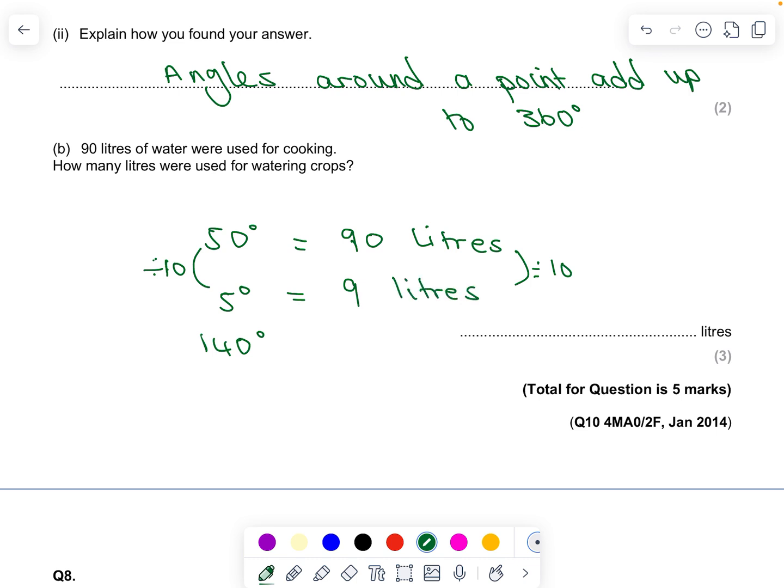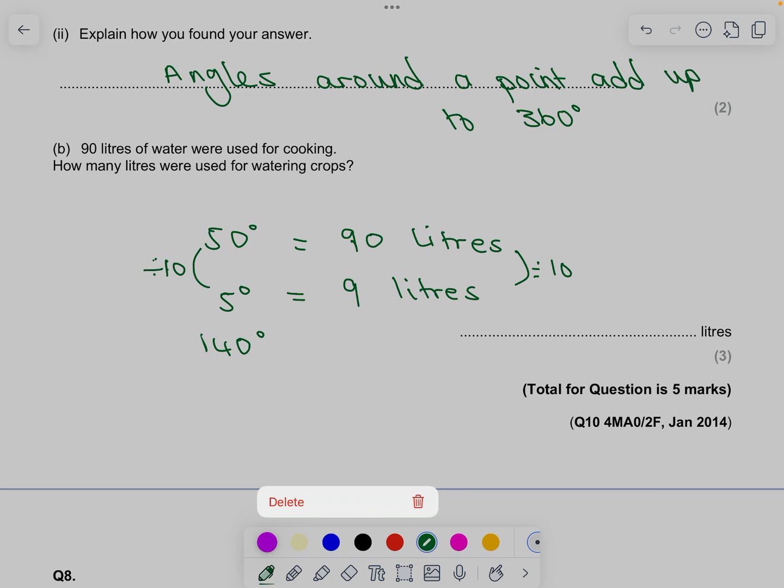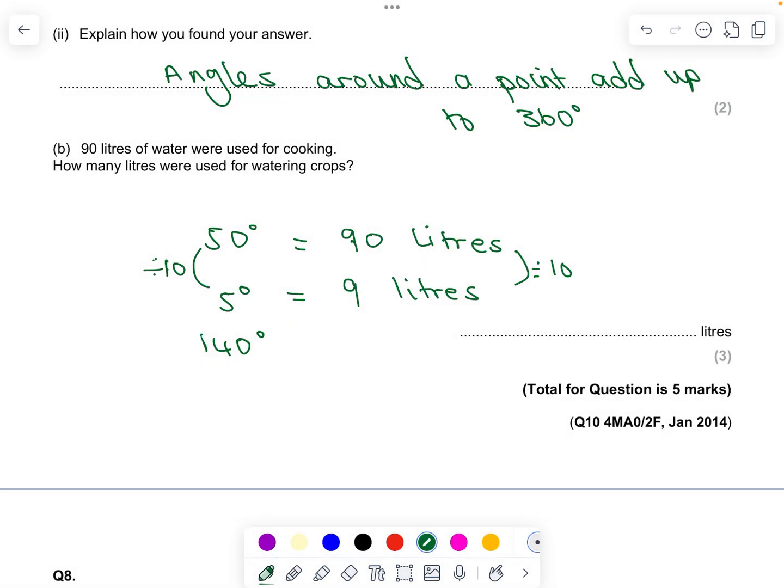And then I'm going to times 5 by, let me see, 140 divided by 5 gives me 28. So I'm going to multiply this by 28, and I'll do the same on the other side, times by 28.